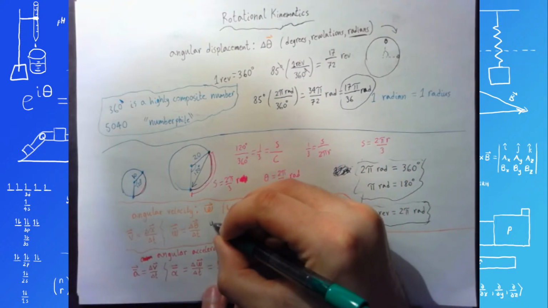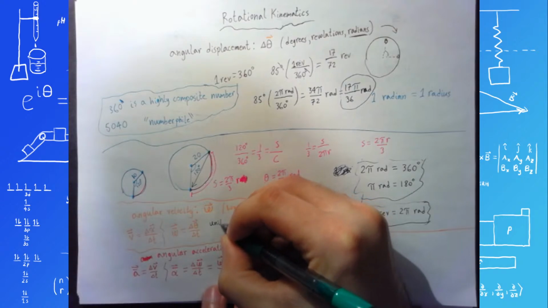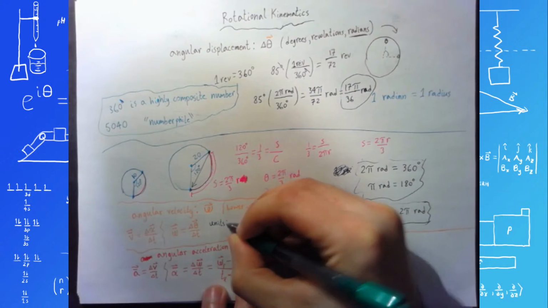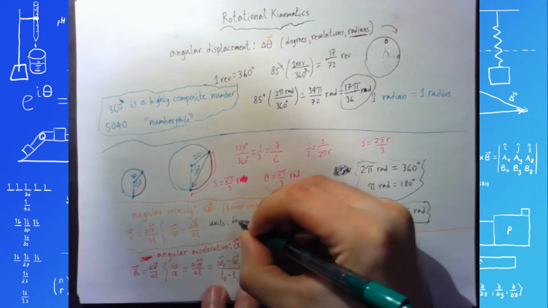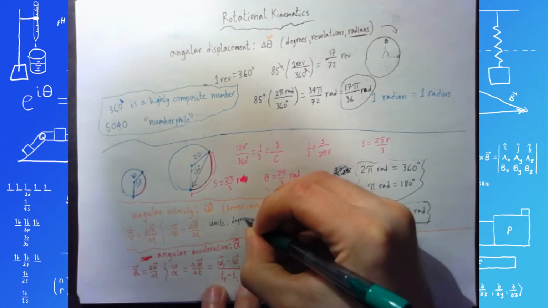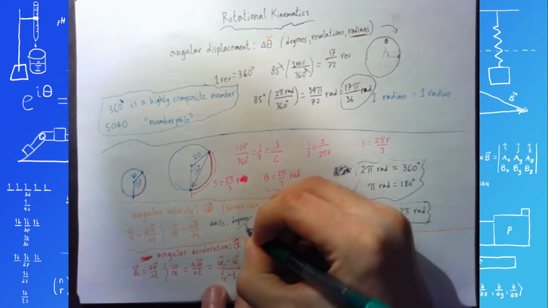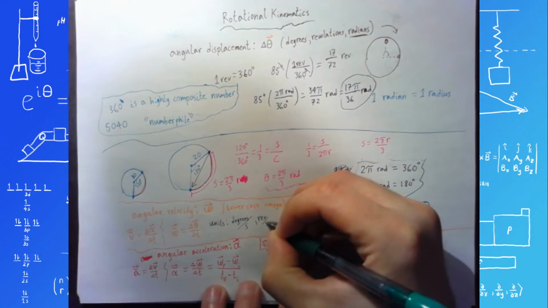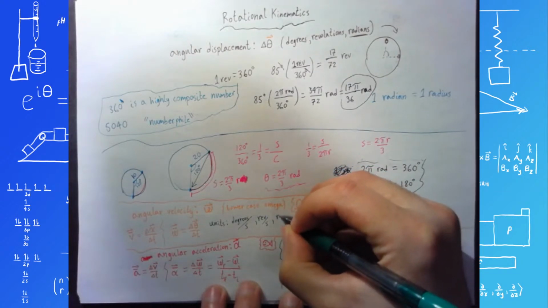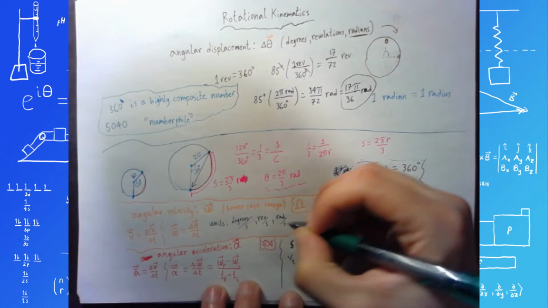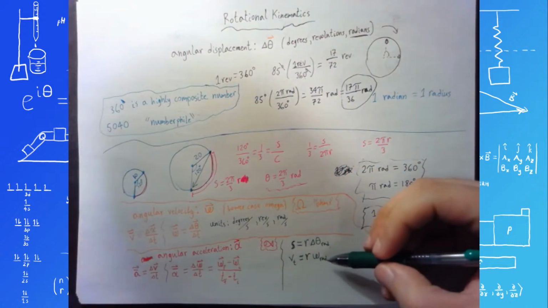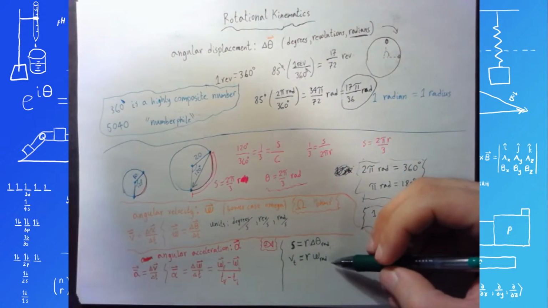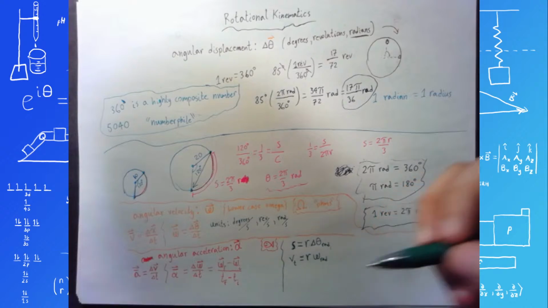So units include degrees per second, revolutions per second, and radians per second. So when I say angular velocity in radians, what I actually mean is in radians per second.